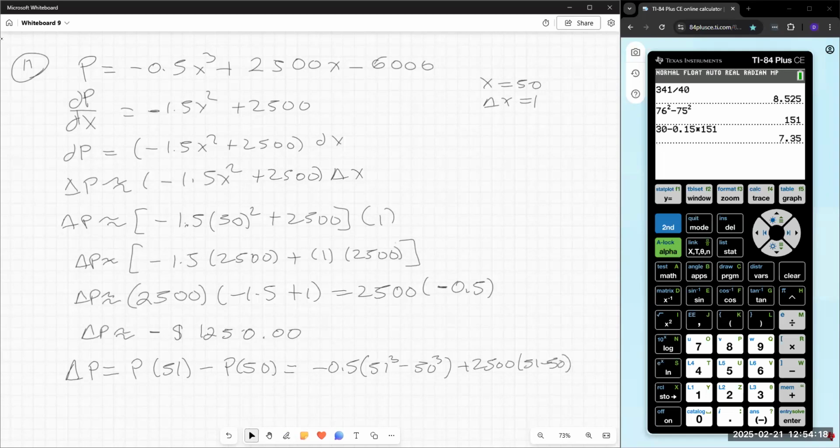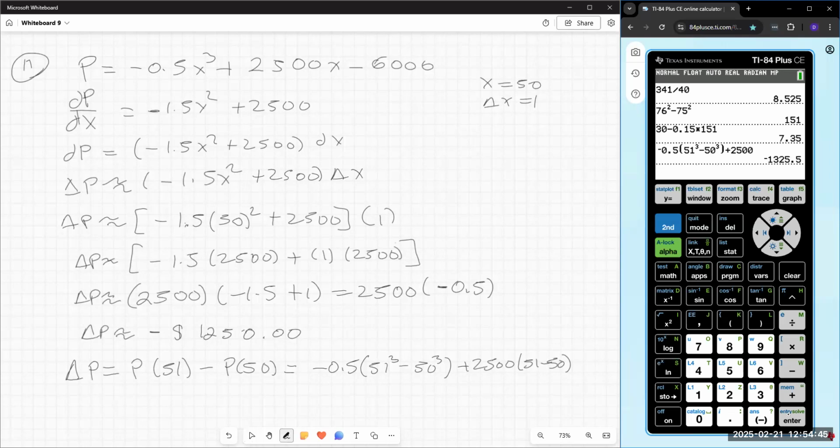And let's go ahead and just put this in the calculator. Negative 0.5 times 51 raised to the third power minus 50 raised to the third power, plus 2500 times 1 is plus 2500.